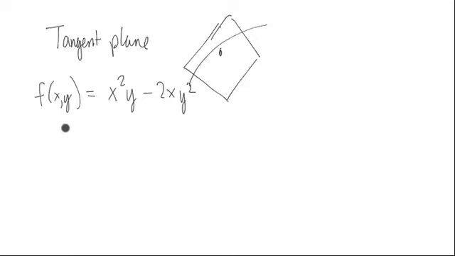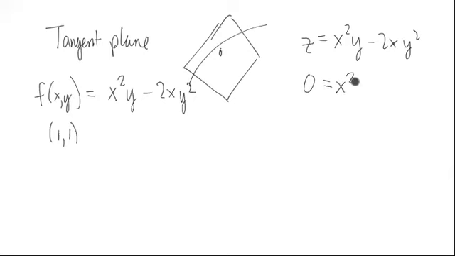Let's suppose we want to find the equation of the tangent plane right at the point 1, 1. Now, let's write this with a z: z equals x squared y minus 2xy squared. Let's bring that z over. So we get 0 is equal to x squared y minus 2xy squared minus z.